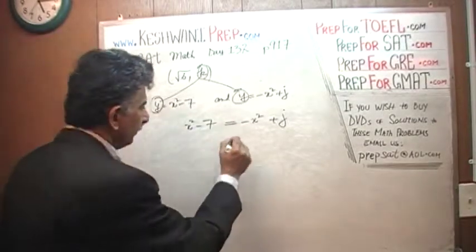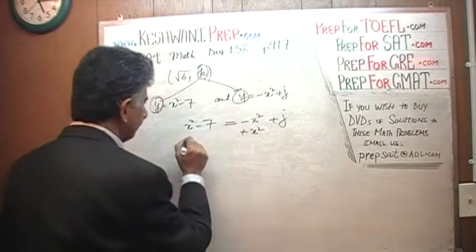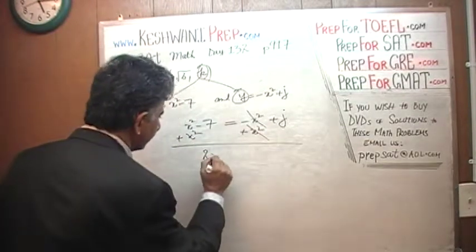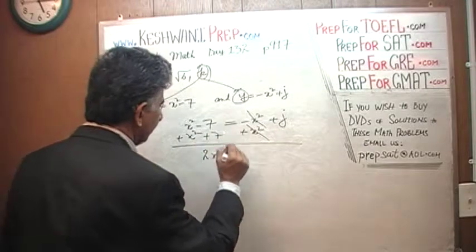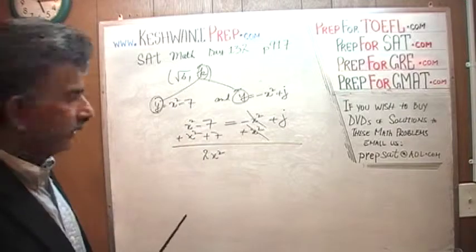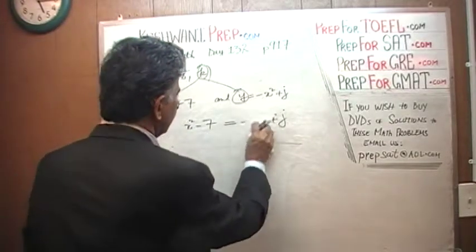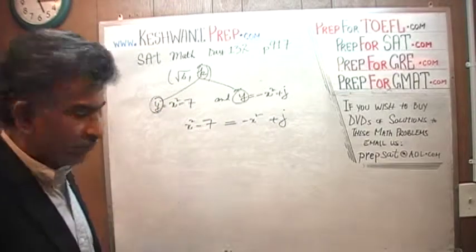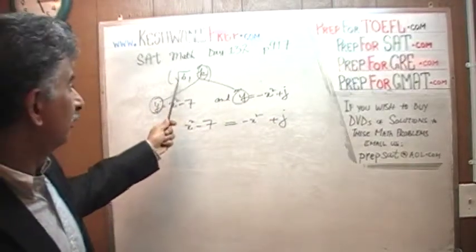Let's see what we can do. Add x squared to both sides, and we end up with 2x squared. Oh, we forgot to substitute the value of x squared, didn't we? Let's start again. This is negative x squared, and now we can substitute the value of the x coordinate, which is root 6.